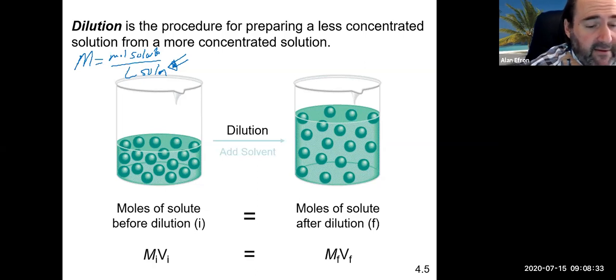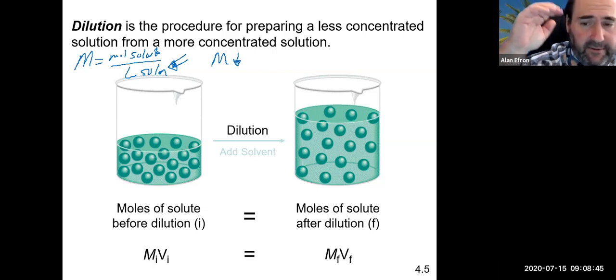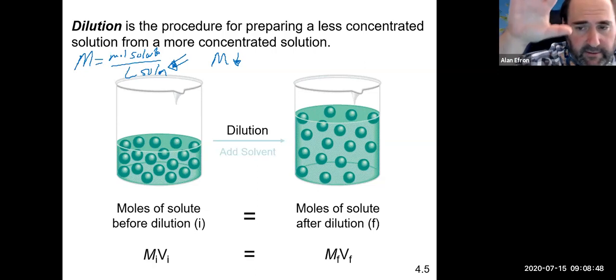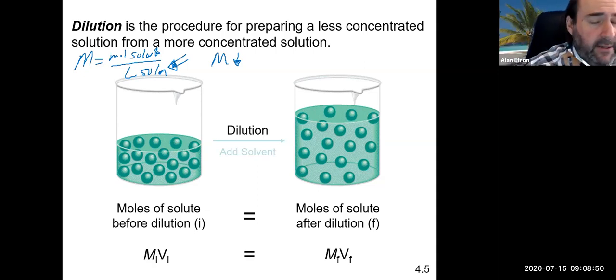So we're making the volume, or liters of solution, a larger number. As that number goes up on the bottom, my molarity goes down overall, because we're now taking a small number divided by a larger number. So the molarity will drop. Typically the process of dilution will lower the concentration.